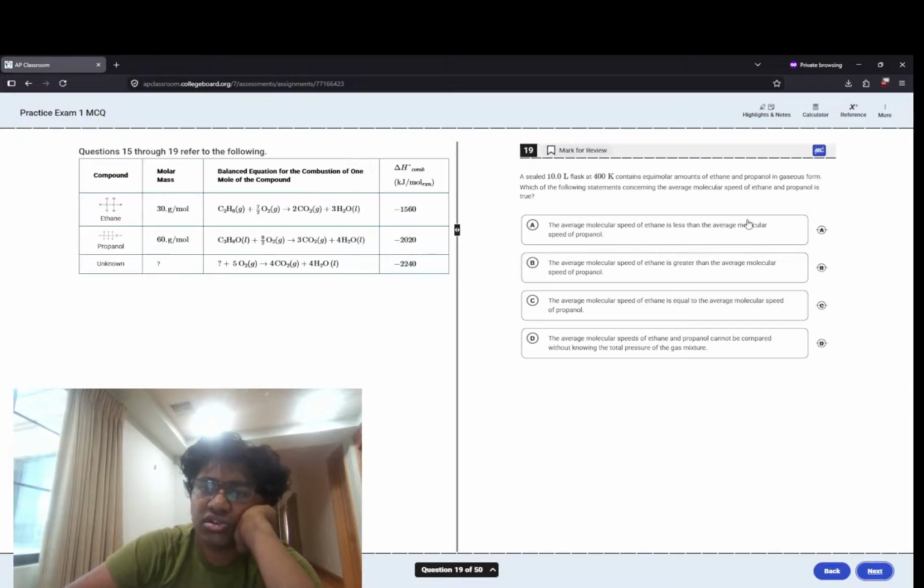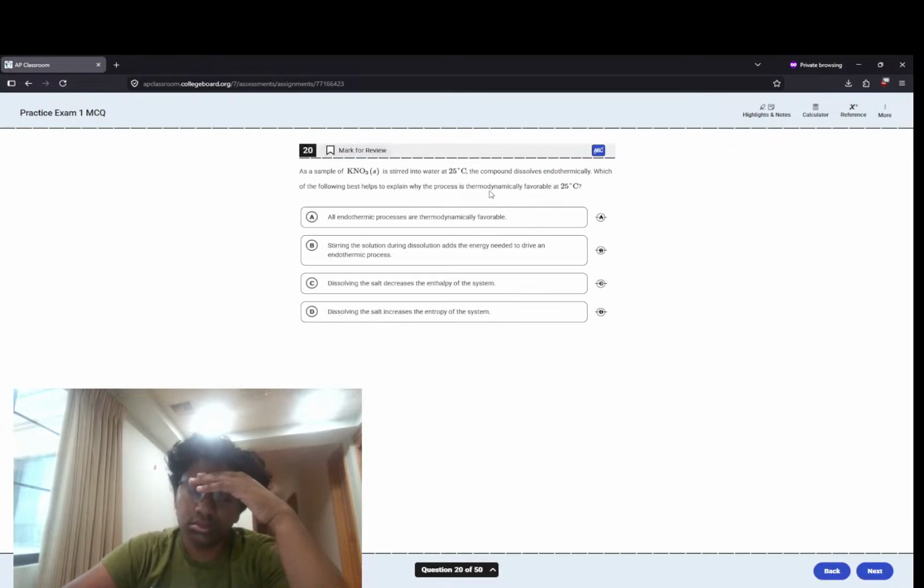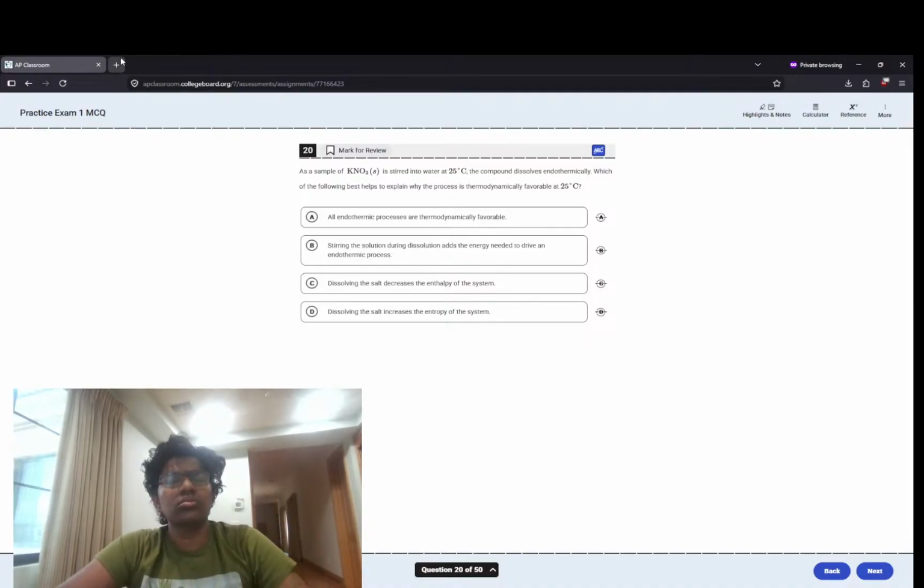A sealed 10-liter flask contains equal molar amounts. It's equal, same temperature. I don't think all endothermic processes are thermodynamically favorable.